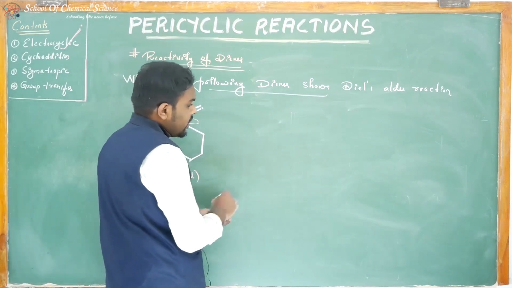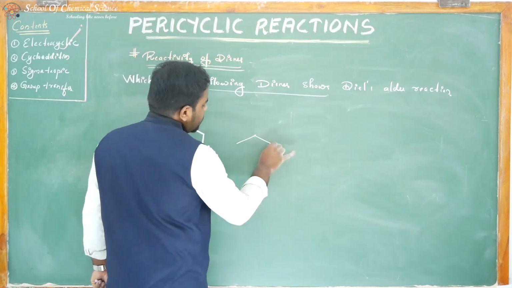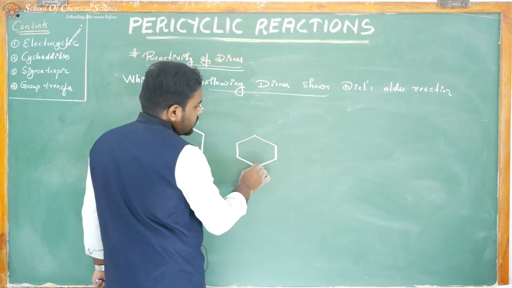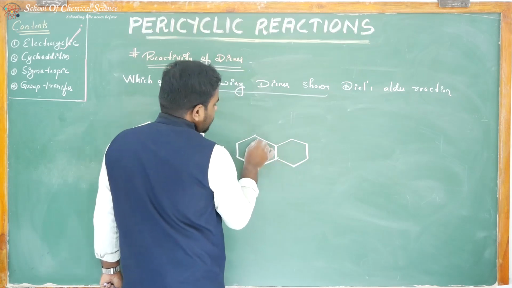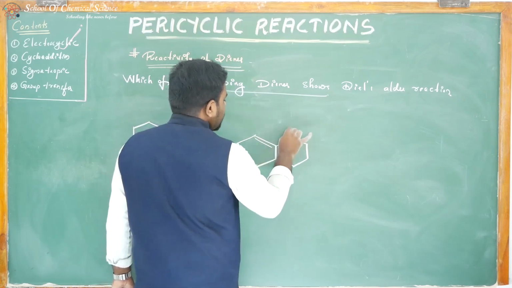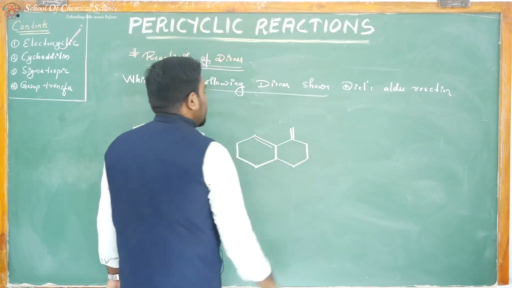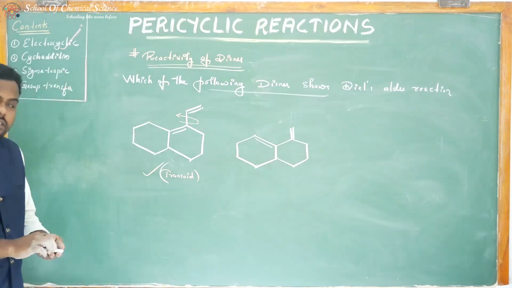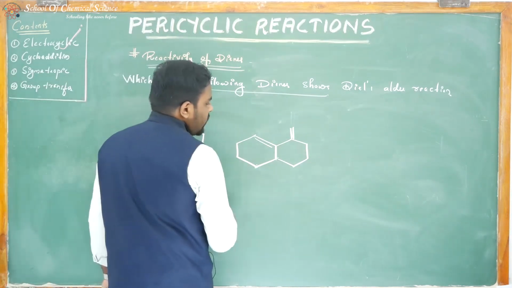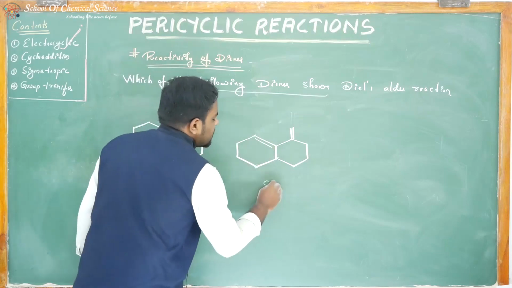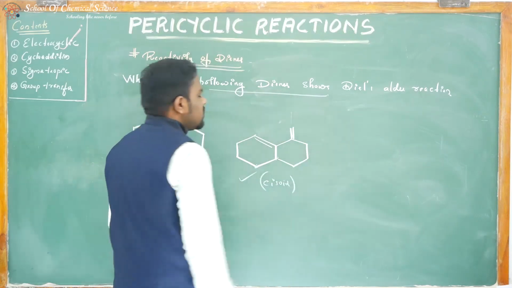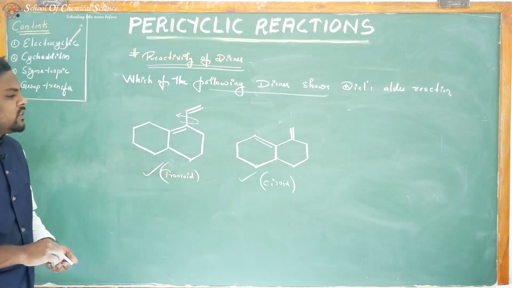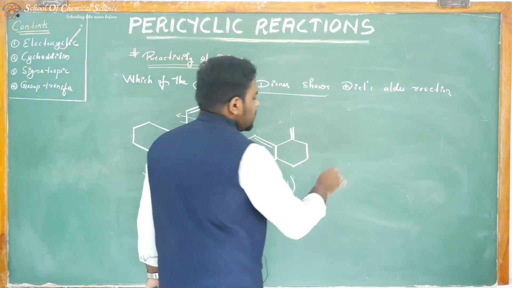The next one. What about this one? This is already in cissoid form, with two double bonds on the same side. So it will show Diels-Alder reaction.